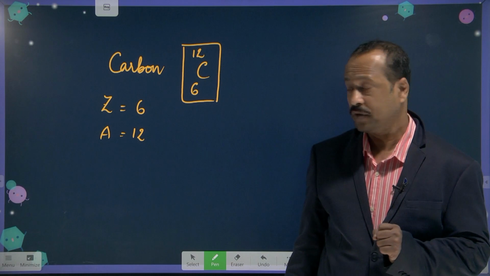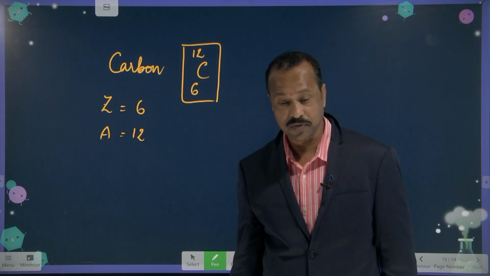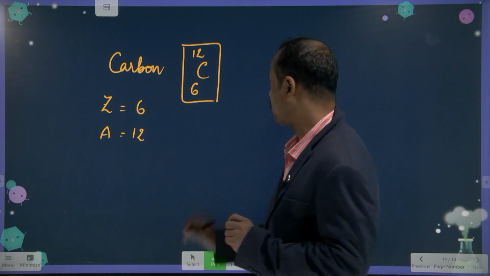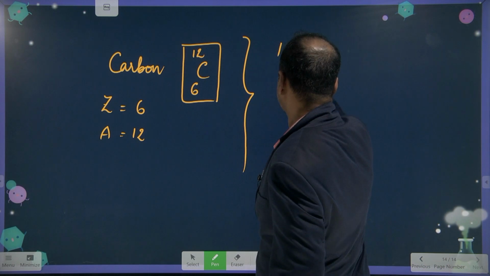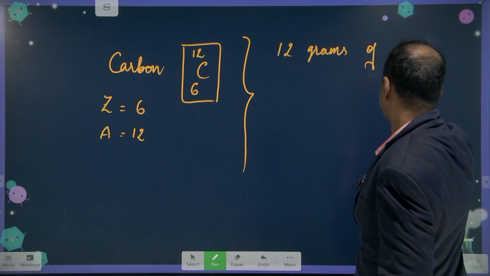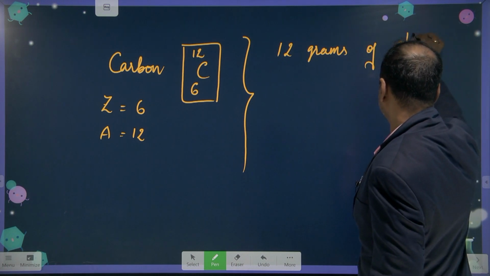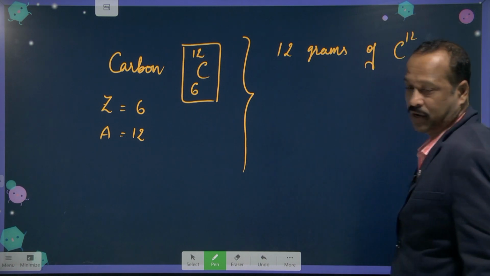Now, what we are doing? We are taking 12 grams of carbon. So, we can write C12 like this. That is 12 grams of carbon.